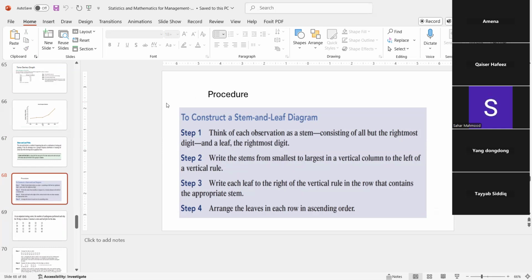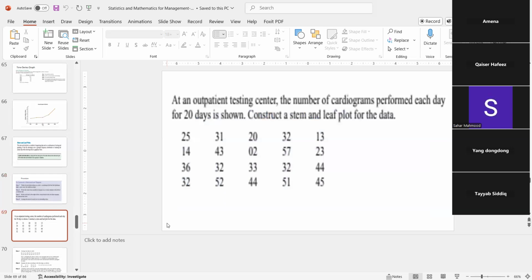That is, write the stems from smallest to largest in a vertical column to the left of the vertical line, and then write the leaves in a horizontal, row-wise structure to the right of the vertical rule. We can arrange them in ascending order. Let's look so that we can get the idea.